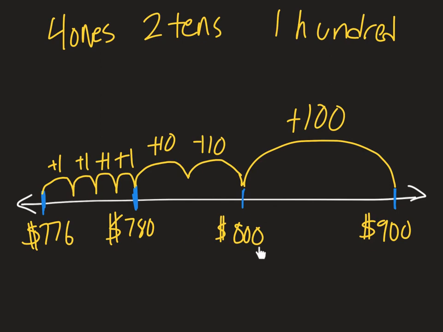Here's our benchmark number that we reached after doing step 2. And then we see step 3, which is count by hundreds to the needed 100, and here we are, our final result. Now notice, each time I'm adding by a different unit, the amount I'm skipping by gets bigger. These ones are much smaller jumps than these tens, and these ones are way smaller than that 100 jump. These 10 jumps are smaller than that 100 jump too.